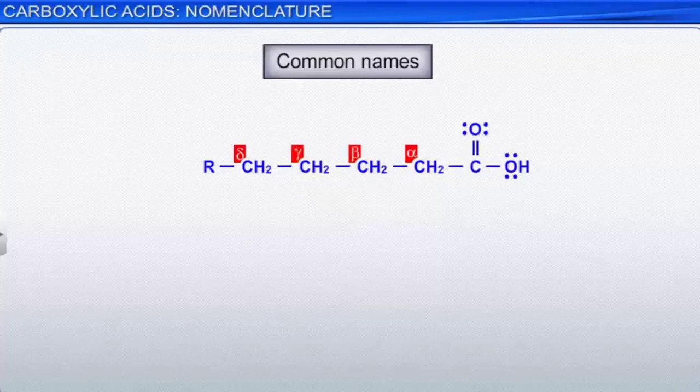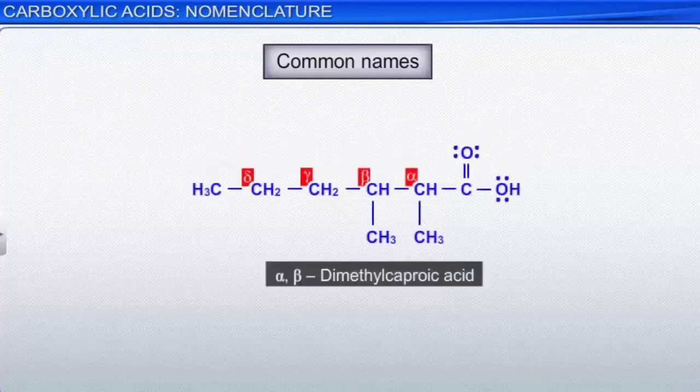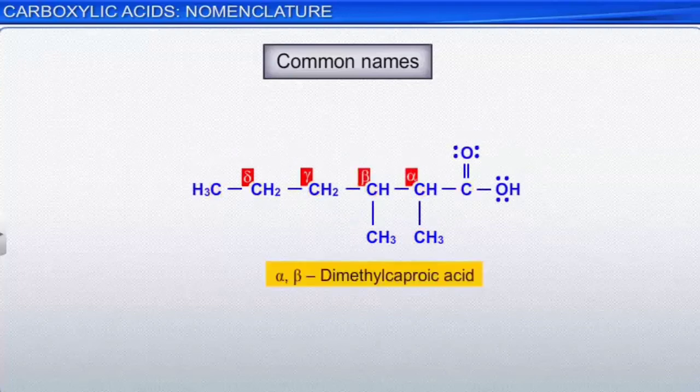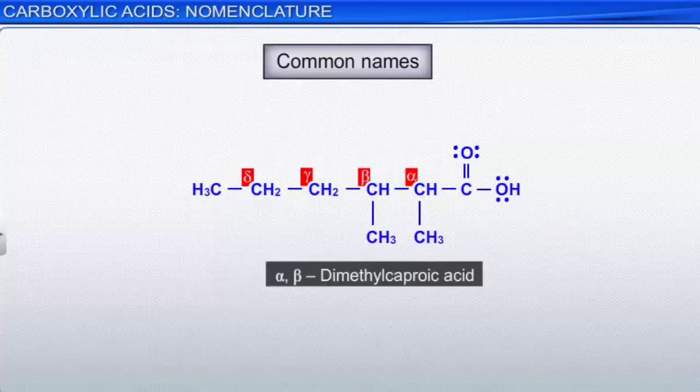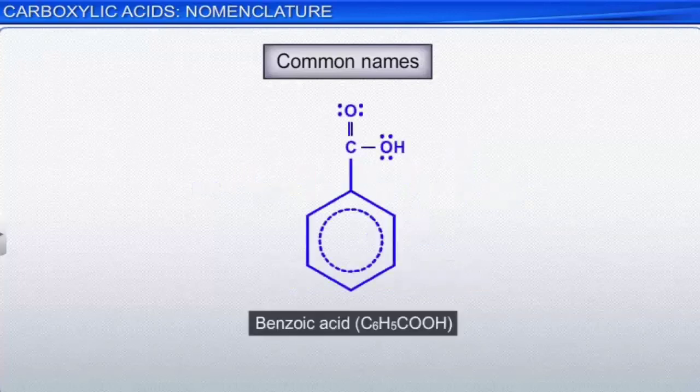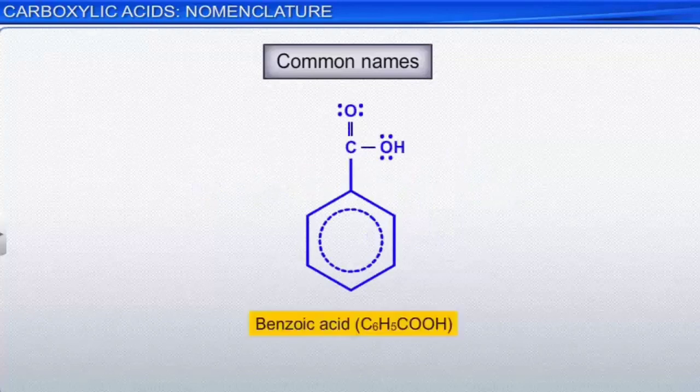For example, two methyl groups substituted on the alpha and beta carbons in a 6-carbon carboxylic acid is named alpha-beta dimethyl caproic acid. Aromatic acids are named as the derivatives of benzoic acid, C6H5COOH.